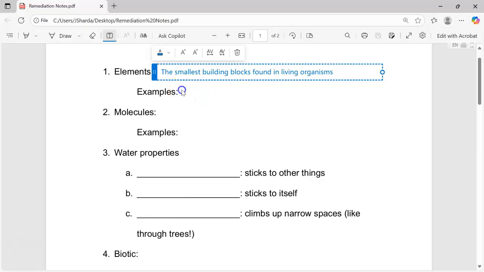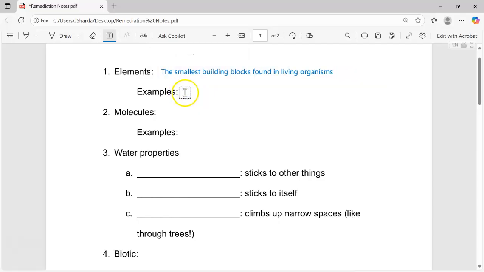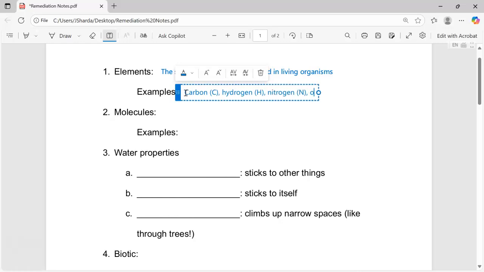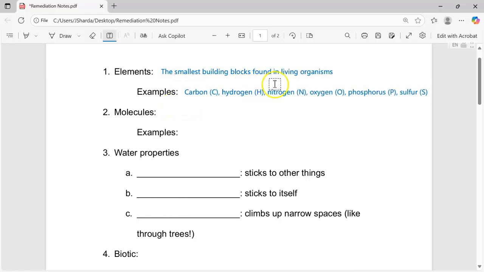Some examples of elements are carbon, which we write as C, hydrogen, H, nitrogen, N, oxygen, O, phosphorus, P, sulfur. We have a whole periodic table of the elements, and these are the tiniest Legos, the tiniest building blocks that are used to make molecules and macromolecules in living organisms.